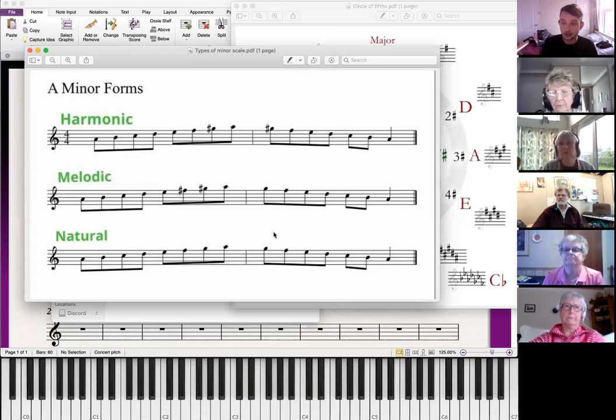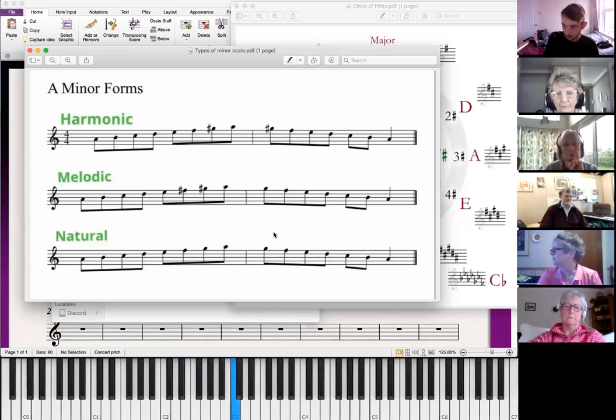You might have heard the term church modes before, but modes are different types of tonalities that are still used today, mainly in jazz music, but they used to be used very often in medieval music, in Gregorian chants and things like that. So, for instance, if I play a scale like this, yeah, it has a sort of very medieval sound to it.